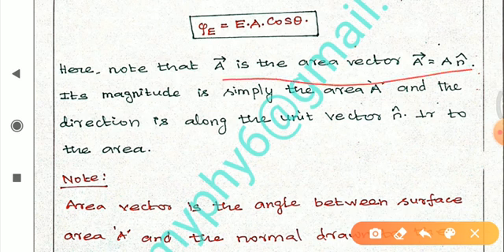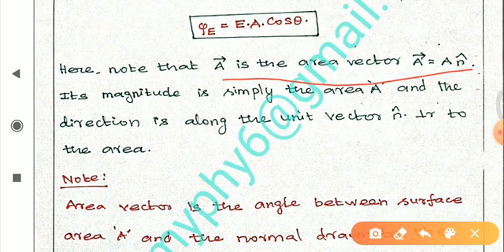Area vector is nothing but the angle between the surface of the area and the normal drawn to the point on the surface. Because in a 1 mark question, sometimes we can expect: what is the angle between area and the area vector?